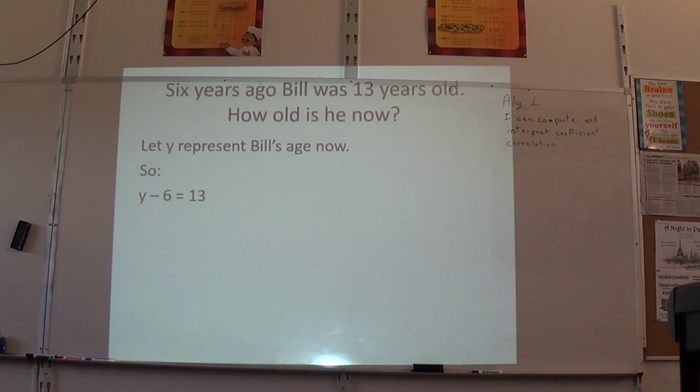Okay, y minus 6 equals 13. The next step, Armando, the next step. Okay, good. Add 6 to both sides and we get y equals 19. So Bill is presently 19 years old.